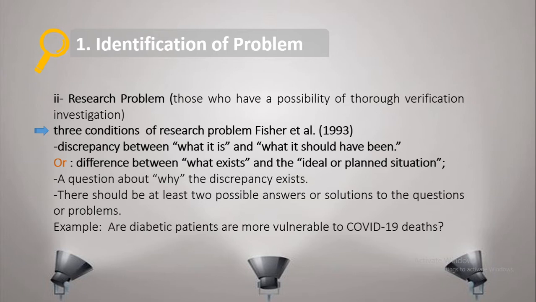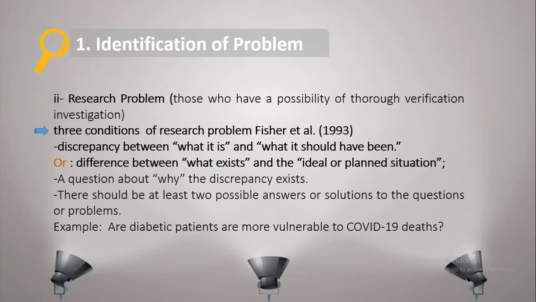So the next condition is that the question about why the discrepancy exists should also exist. Means if there is a discrepancy between what is in reality and what is the ideal situation, then there should be a cause of this discrepancy, and there should be at least two possible answers or solutions to the question or problem.